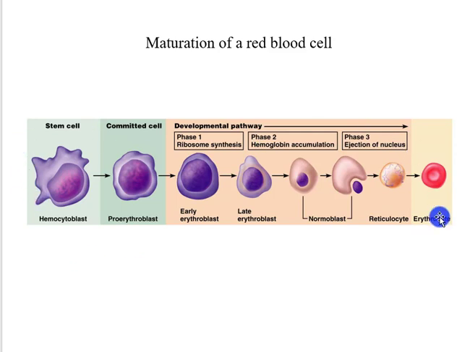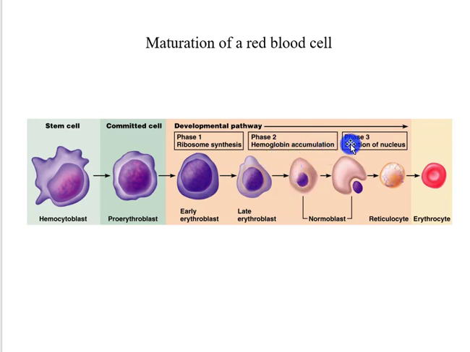The reason I have this slide here, even though I don't need you to memorize terms like proerythroblast, early and late erythroblast, normoblast, is what I wanted to point out over here. During development, my nucleus and my cellular machinery are going bonkers, making a whole bunch of things, making a whole bunch of hemoglobin. It's also making glycolytic enzymes and such.